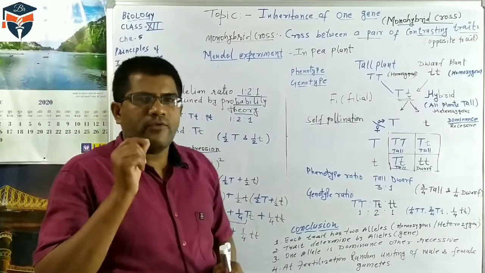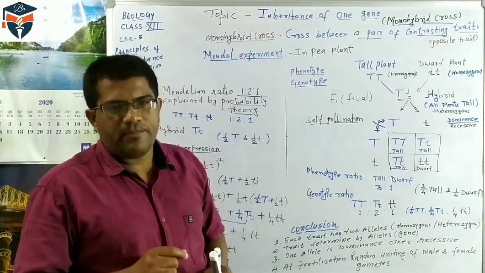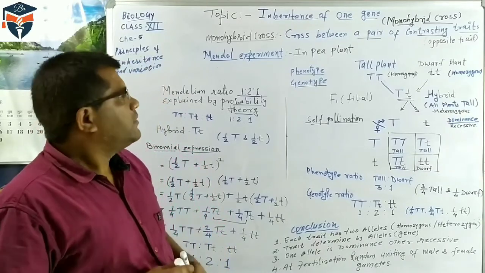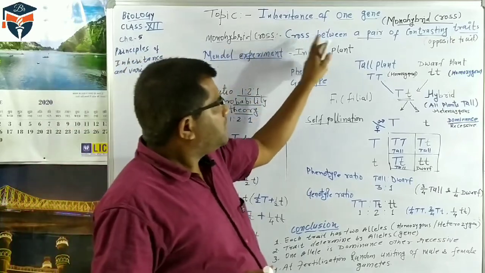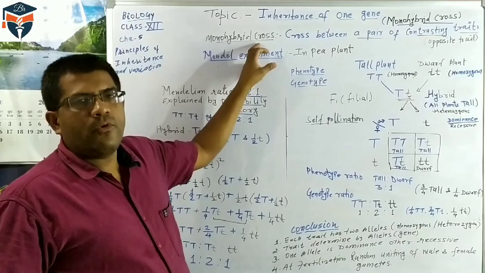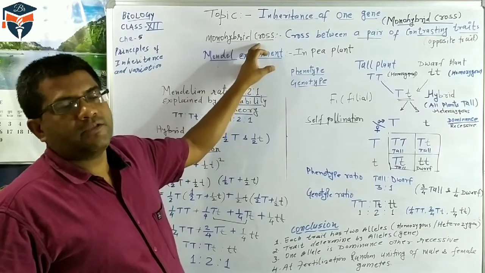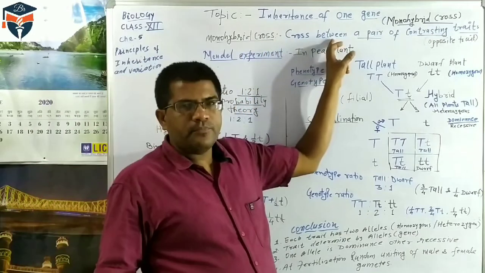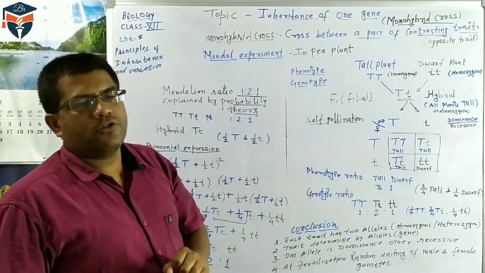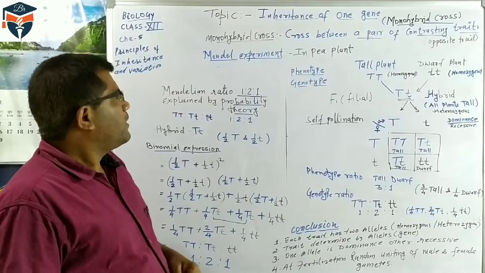If the flower is a violet color in the pea plant, the contrasting character is a white color of the flower. So a cross between a pair of contrasting characters is called the monohybrid cross.